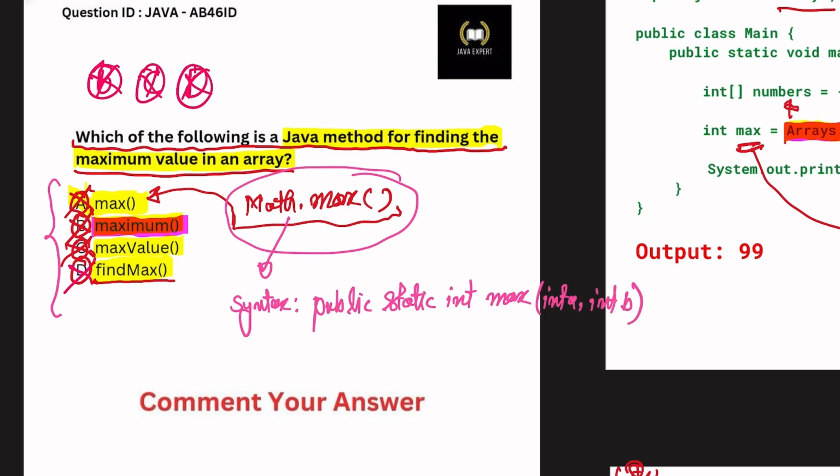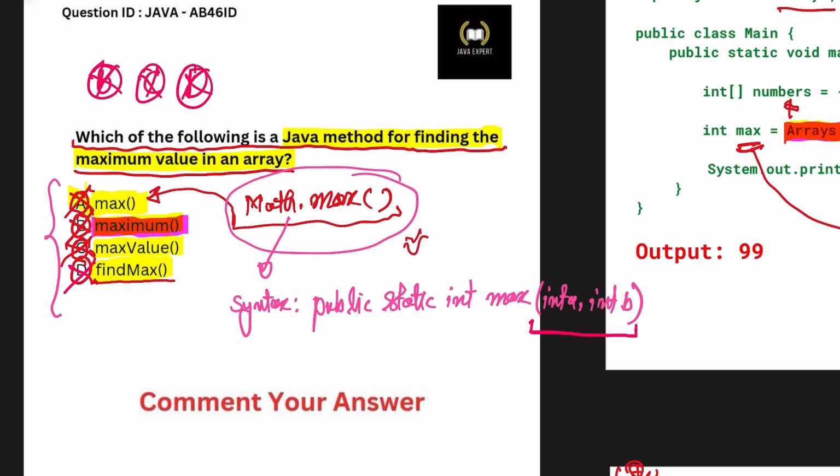This is the syntax, and here you can see it takes two parameters a and b and compares two numbers. It does not work on arrays directly. It only works for two numbers, not for arrays.